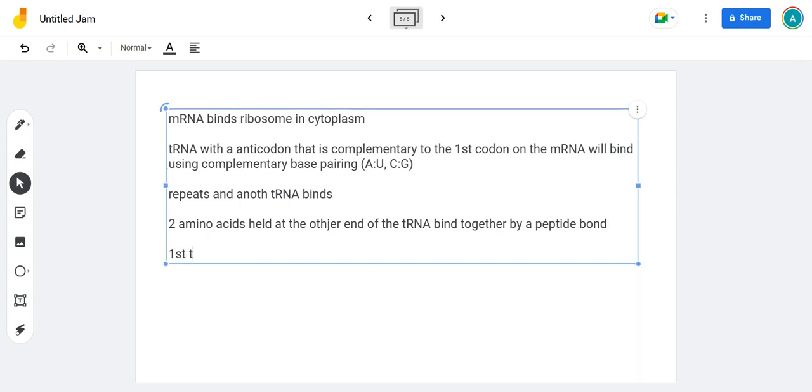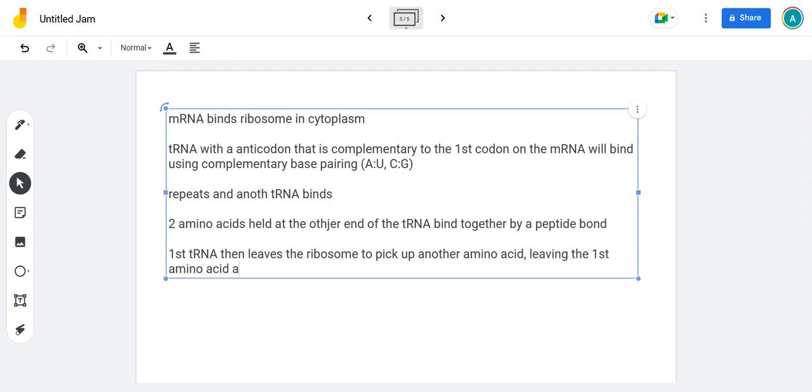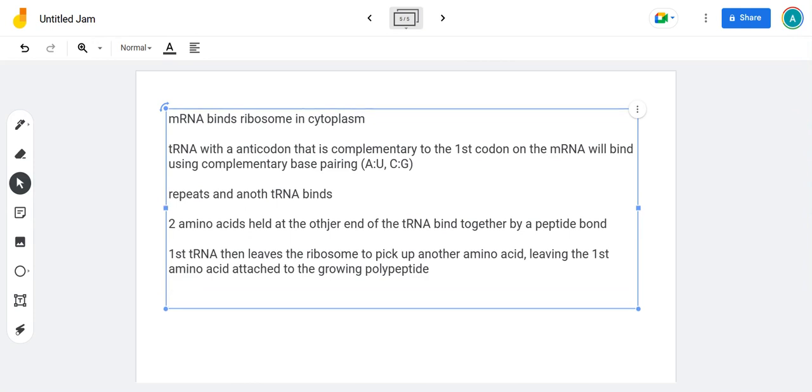The first tRNA then leaves the ribosome to pick up another amino acid, leaving the first amino acid attached to the growing polypeptide. Another tRNA binds, bringing another amino acid.